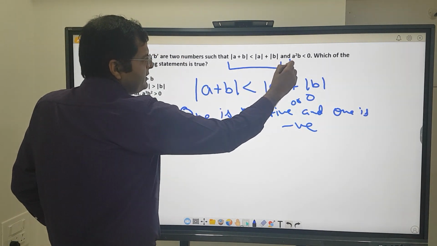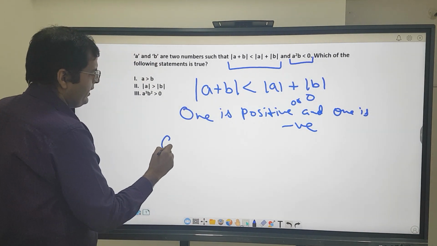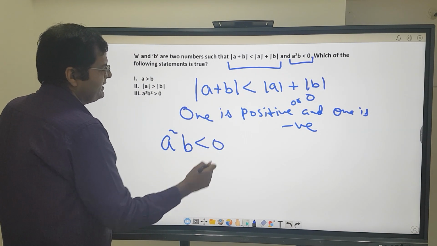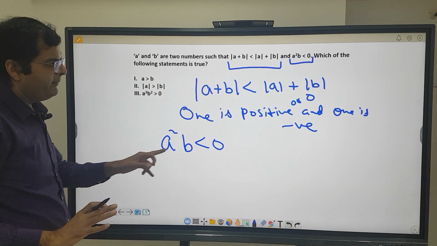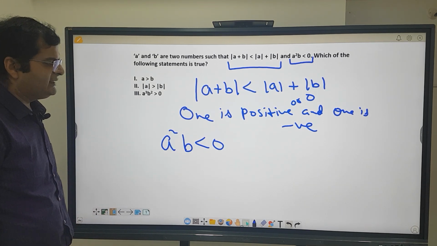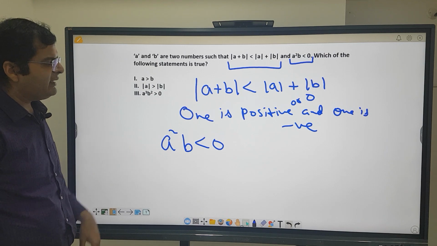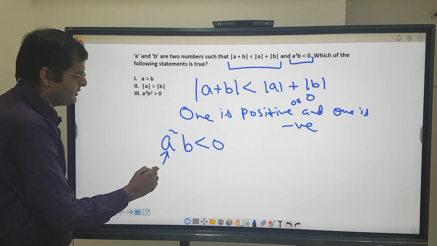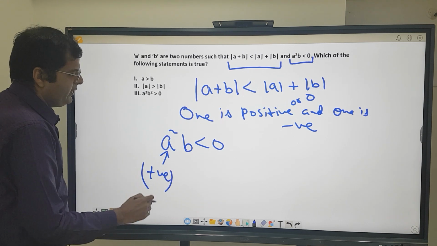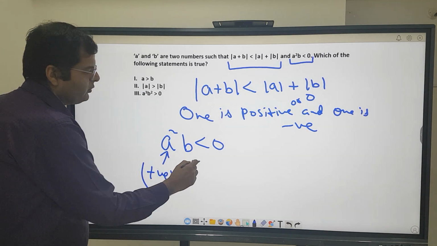Now, from the second inequality, a square times b is less than 0. That means none of them is 0 for sure, first of all, because I am getting a negative number as the result. A square, if it is not 0, has to be positive. That means b has to be negative.